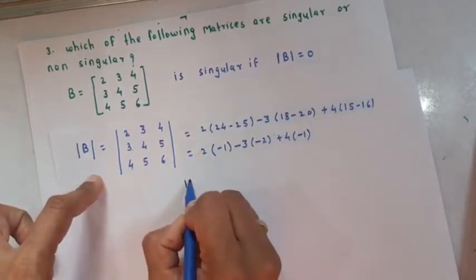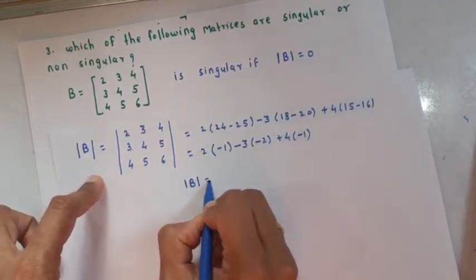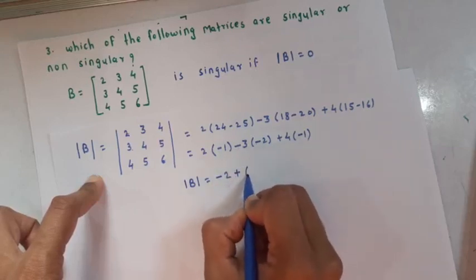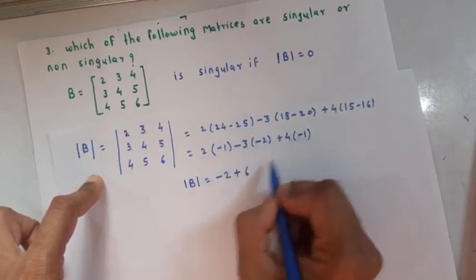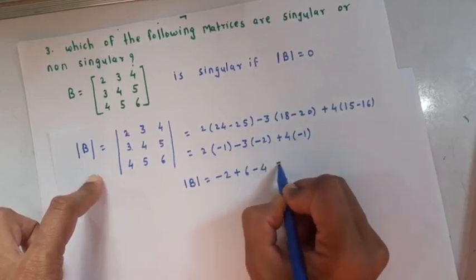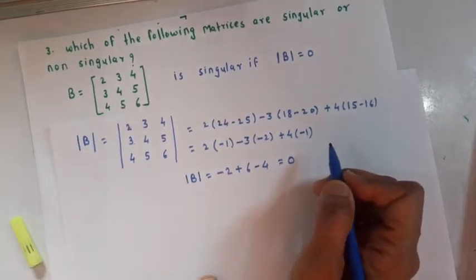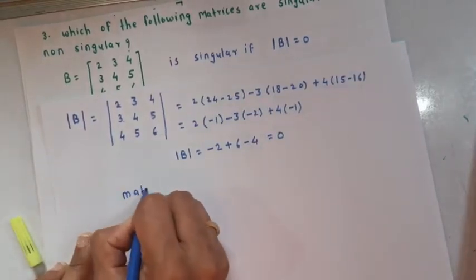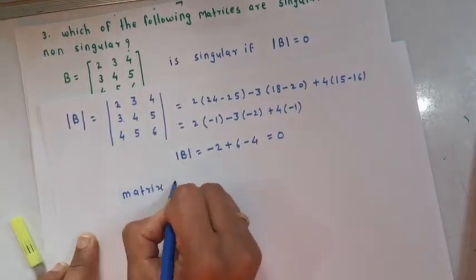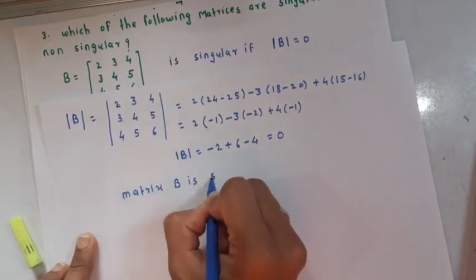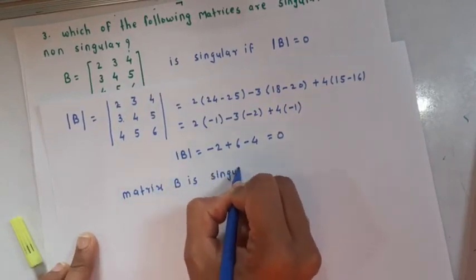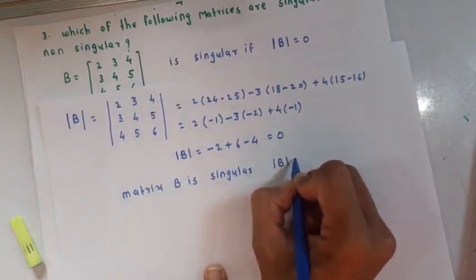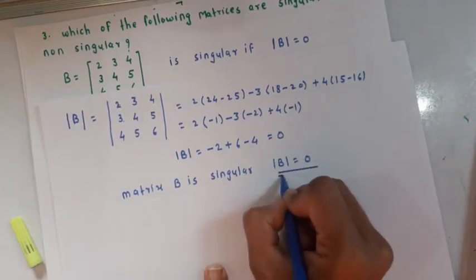So the determinant value of B is minus 2 plus 6 minus 4, which equals 0. Hence matrix B is singular because the determinant value of B is 0.